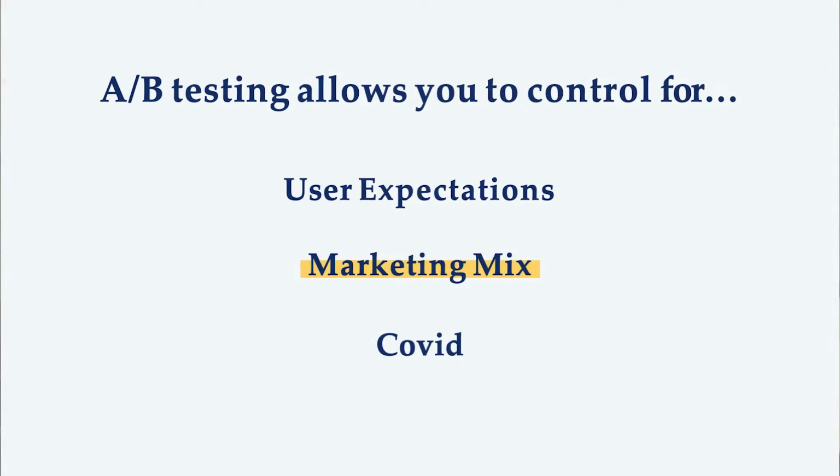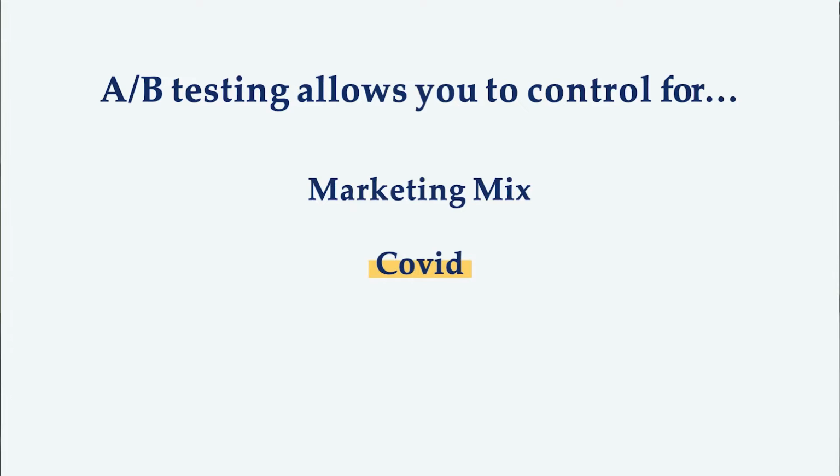Another really common one is marketing mix, promotion. So maybe you see an uptick in conversions, but is that because of something you did on the product team, or is that something your marketing department did with some kind of sale or promotion? And then finally, A/B testing allows you to control for COVID.